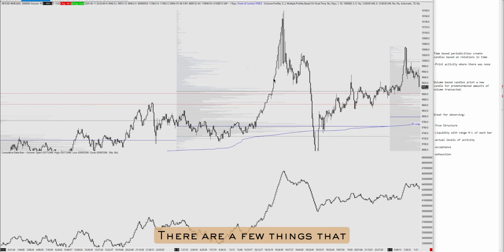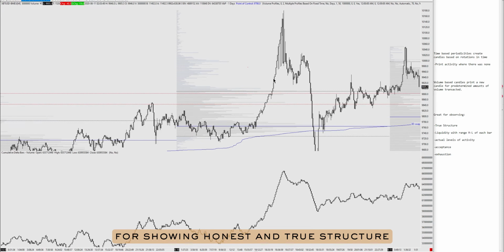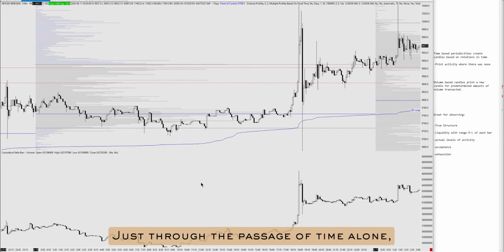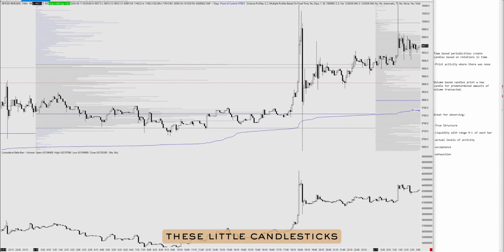Okay. There are a few things that you benefit from when using a volume-based periodicity. I said originally that it's good for showing honest and true structure. So again, when you're using a time-based periodicity, it's going to be printing redundant candlesticks, right? Just through the passage of time alone, you're going to be printing these little candlesticks that really are less than a tick value.